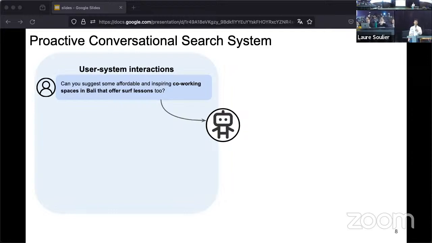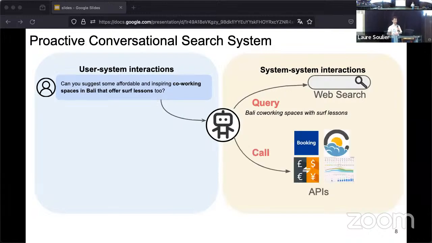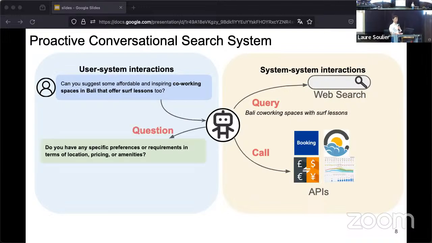So for the big picture of proactive conversational search systems, these are systems that are able to interact with both users but also systems, for example a search engine or various APIs, to retrieve information and documents that better match the user.